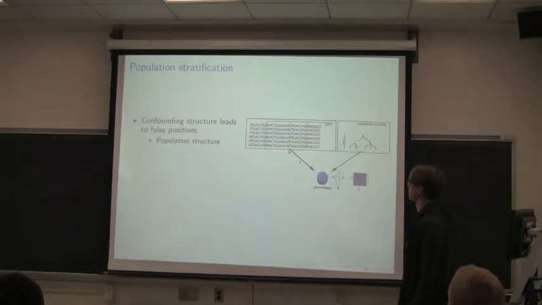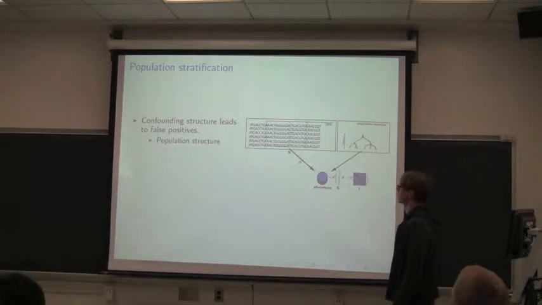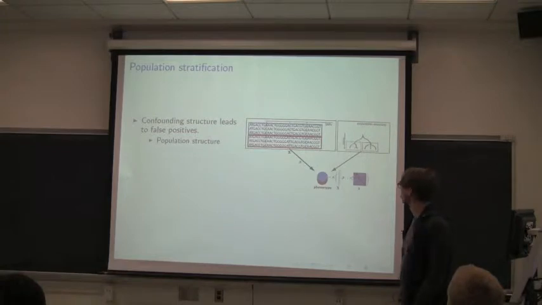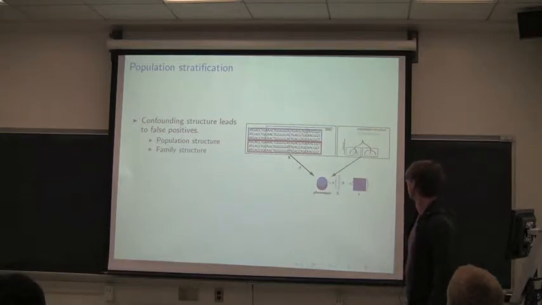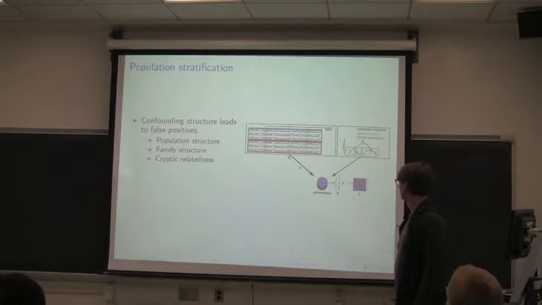And if we now have population structure, then this independence assumption comes back and bites us, because we can think of population structure as having clusters in the data. We have relatedness, which is again small groups of individuals that are very similar in the data, and also in the phenotype.